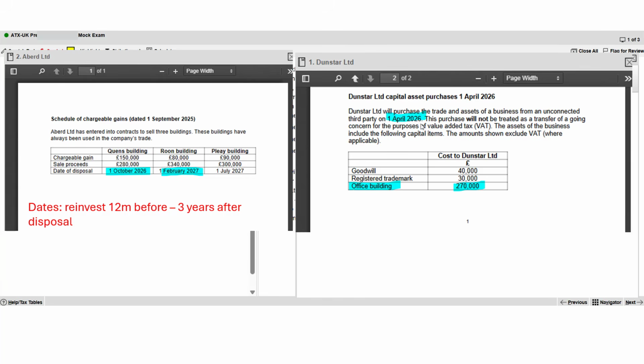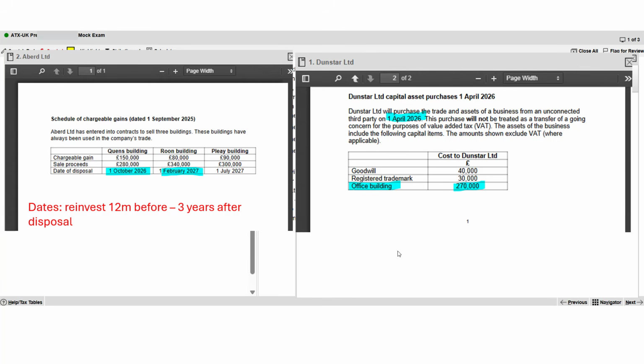So again, that purchase is within the 12 months before that. But unfortunately, the third building, which is sold on the 1st of July 27, so we'd have to purchase within 12 months before the 1st of July 27. So that would have to be 1st of July 26 onwards. So unfortunately, we can't roll over the gain on that building. So it's only 2 buildings where we can possibly roll over the gains.